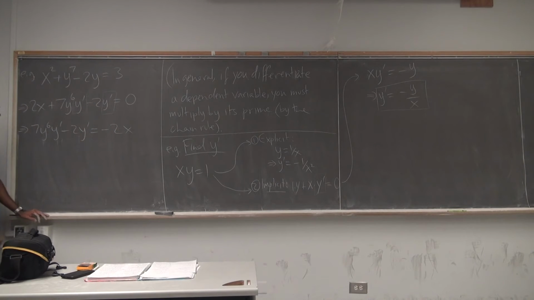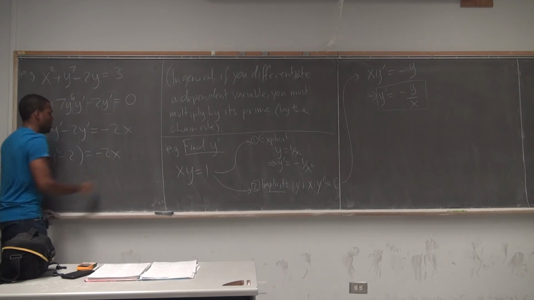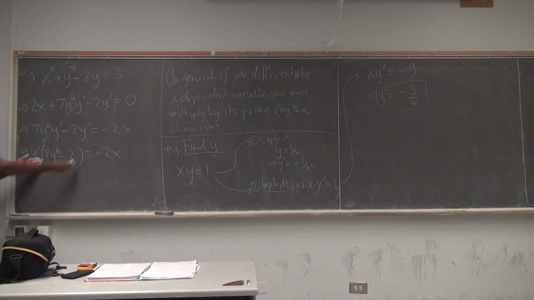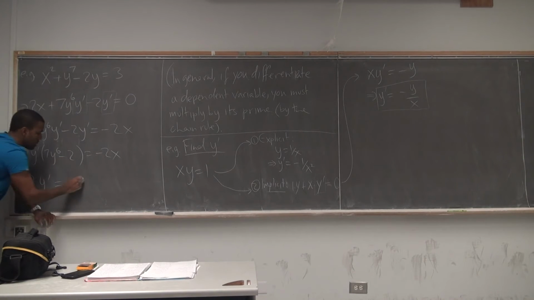Now what? Now it's a common term. And now, just divide both sides like that. So I get my y prime is equal to minus 2x over 7y to the 6 minus 2.